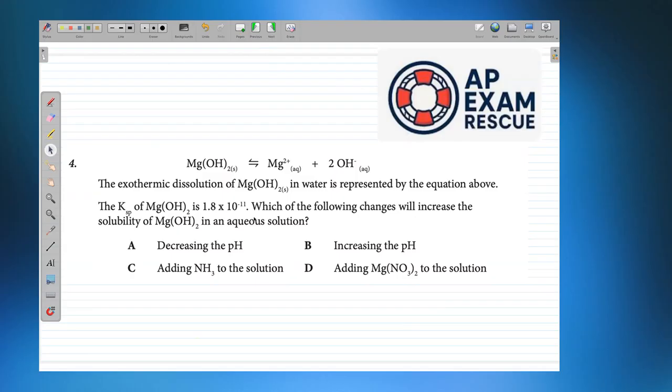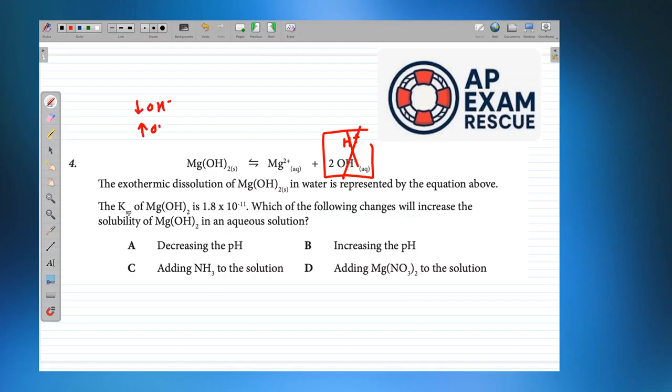To increase solubility, it means we have to decrease the pH. Yes, if you decrease pH, let's see what happens. If you decrease pH, it means you add H plus. So adding H plus removes OH minus, decreases it. The solution says, oh, you want to decrease OH minus?